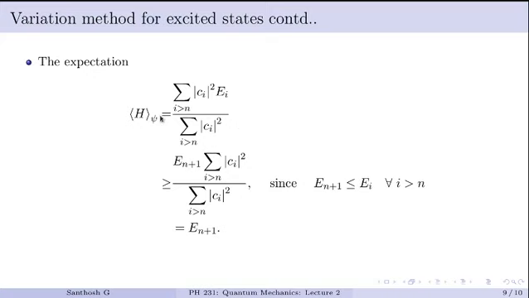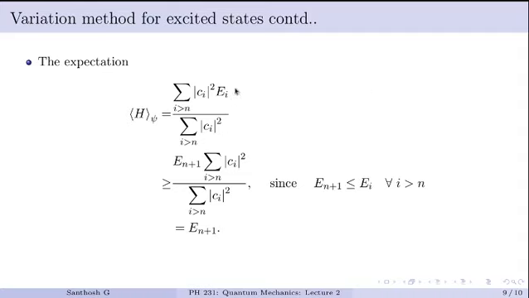And the denominator similarly has summation ranging from i equal to n plus 1 to infinity. In the numerator, we note that the energy eigenvalues that appear are En plus 1, En plus 2, etc. Since these energy eigenvalues are arranged in increasing order, we see that En plus 1 is less than or equal to En plus 2. It should be less than or equal to En plus 3, and so on.